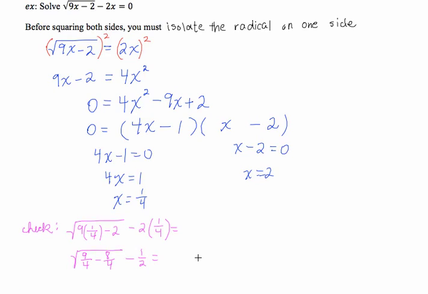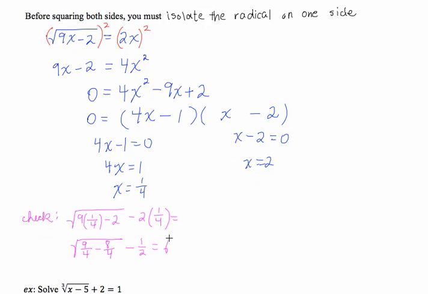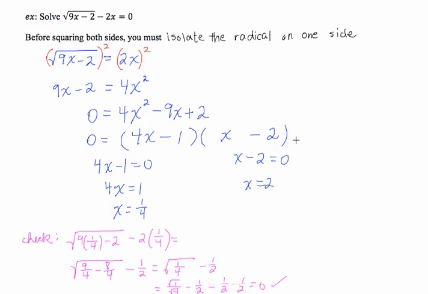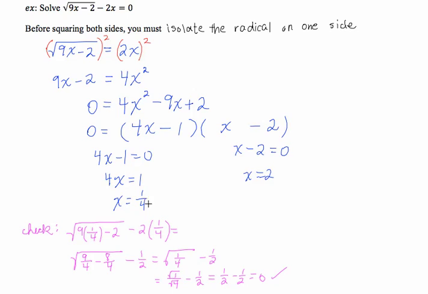So that gives us the square root of 1/4 minus a half. Square root of 1/4 is the same as the square root of 1 over the square root of 4. Or you could just ask what fraction is there so that when you square it you get a 4th. And that is a half. And a half minus a half is 0. So we did get the 0 on the other side that we wanted. Okay, so that one is a solution.